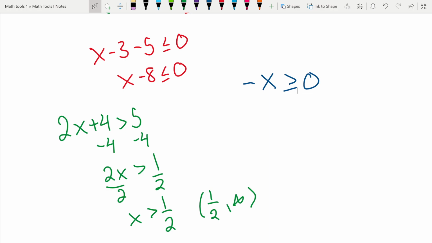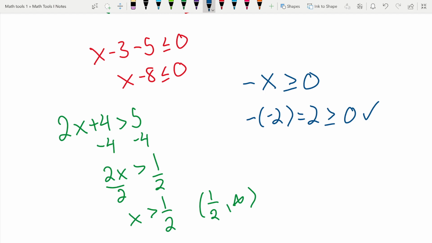The numbers we're putting in for x, because it needs to cancel out the negative right here. In other words, if I put in -2, then I'm going to get 2, which fits the inequality. It makes it true. And same with if I put in -3, -4, etc. So we know that the answers here must be the negative numbers, in other words, anything less than or equal to 0.